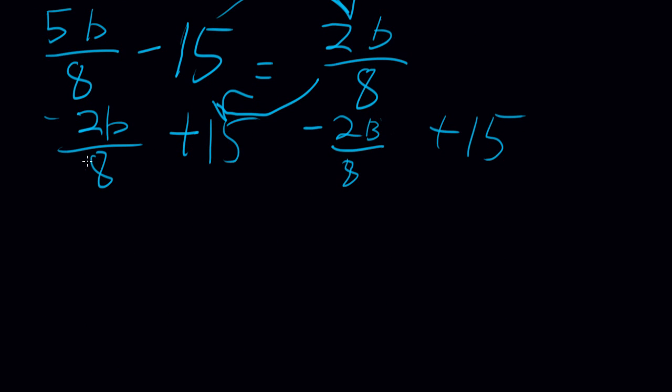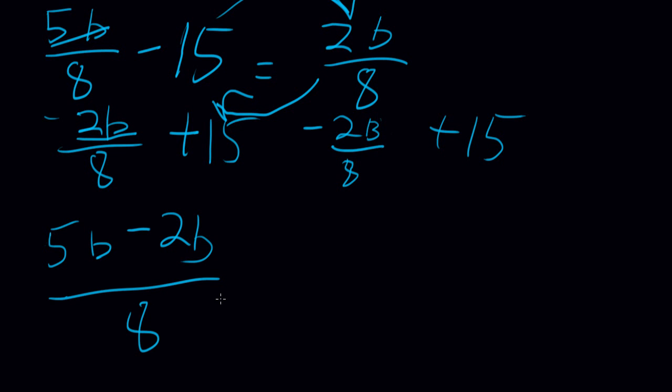So 5B, 2B, both over 8. So I have 5B minus 2B all over 8 equals 15. The 2 subtract out to give me 3.